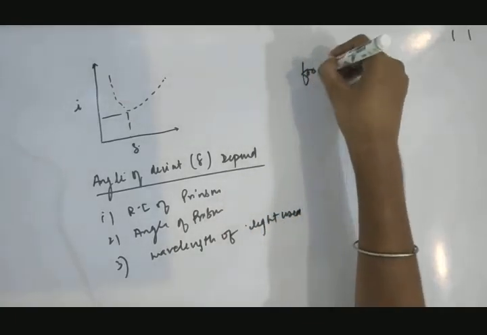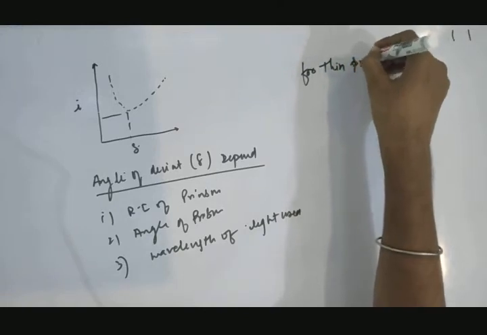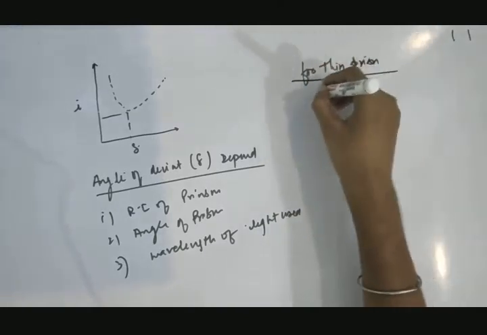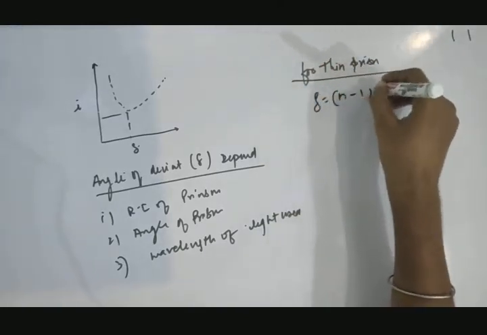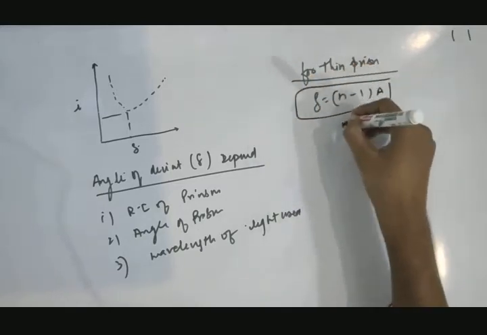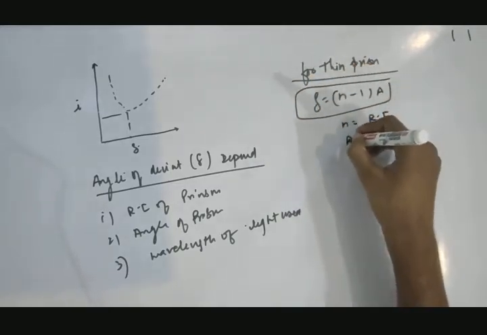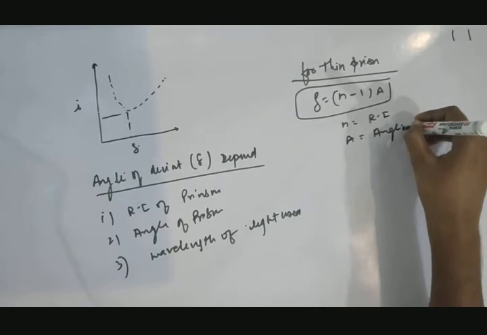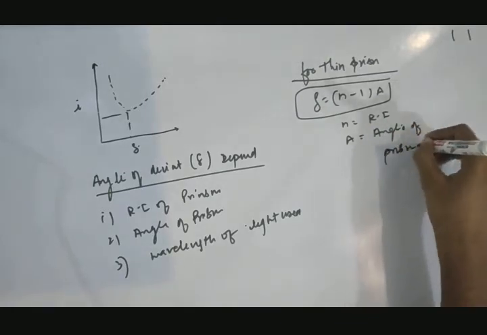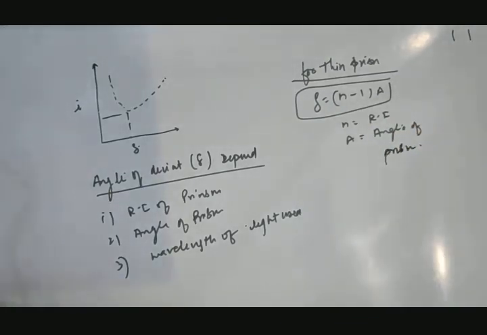For a thin prism we can use the formula delta equal to (n minus 1) into A, where n is the refractive index and A is the angle of the prism.